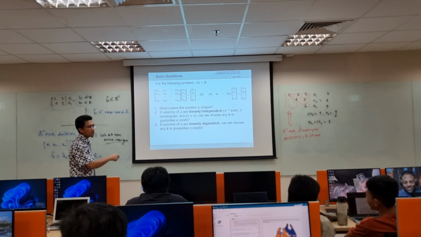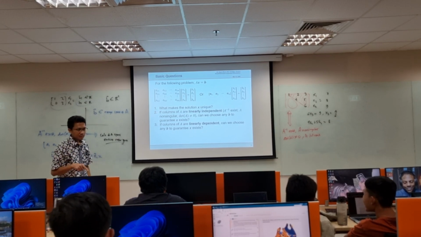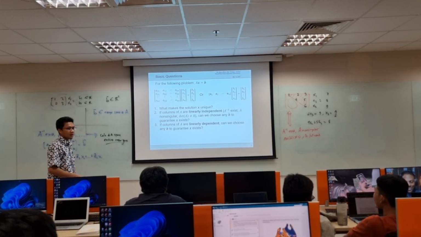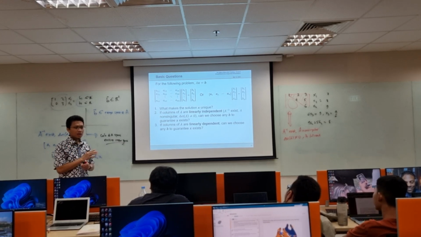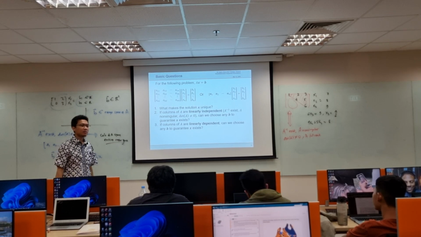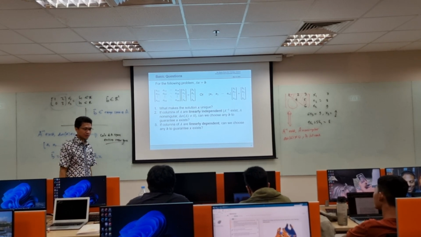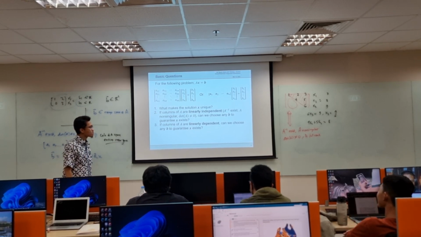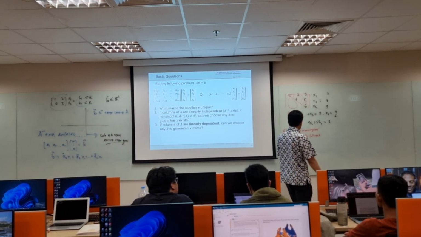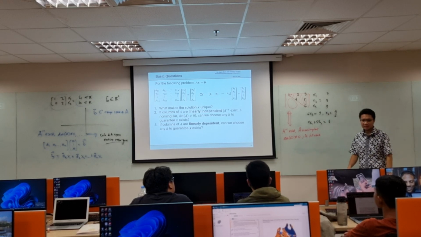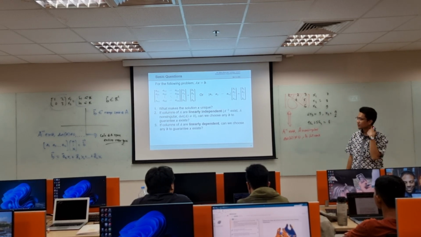For cases 1 and 2, solution X is unique. For case 3, the solution is either non-existent or there are infinitely many solutions. Non-singular means determinant is non-zero.